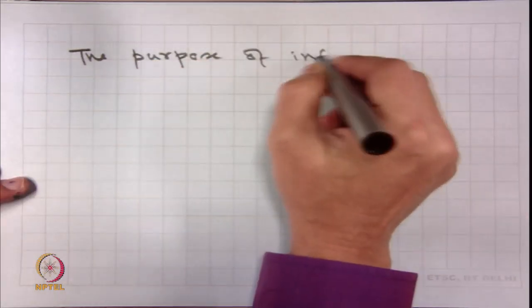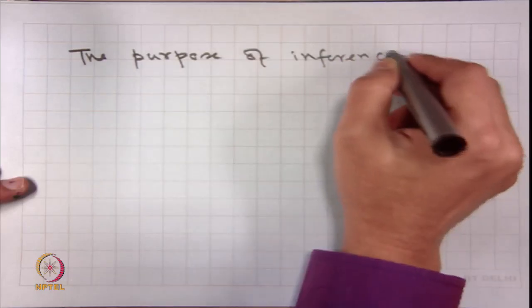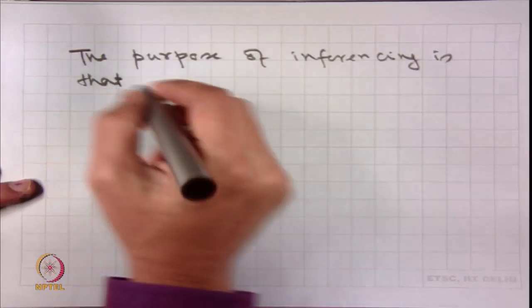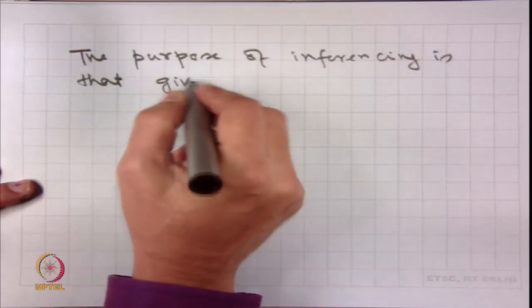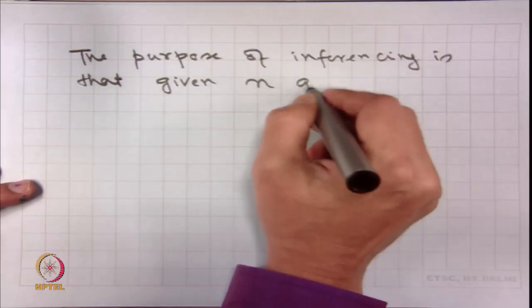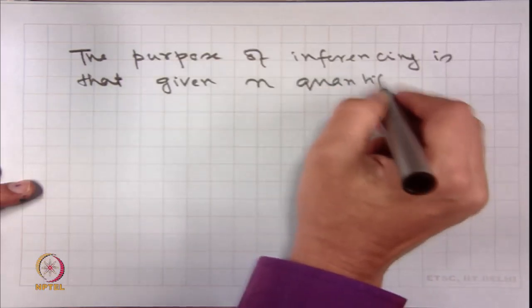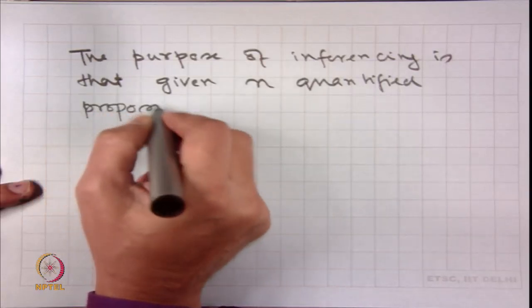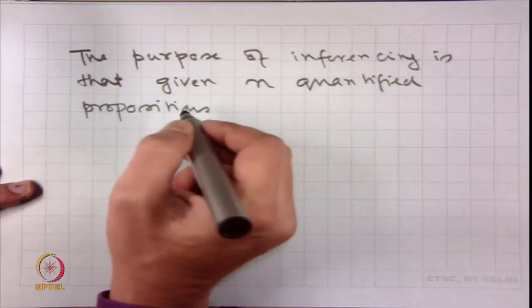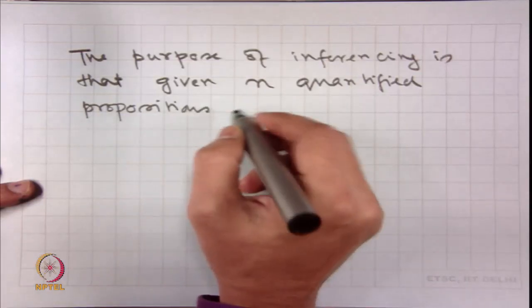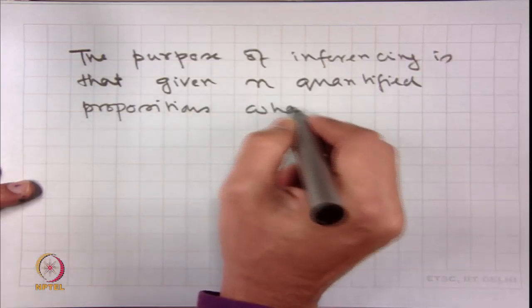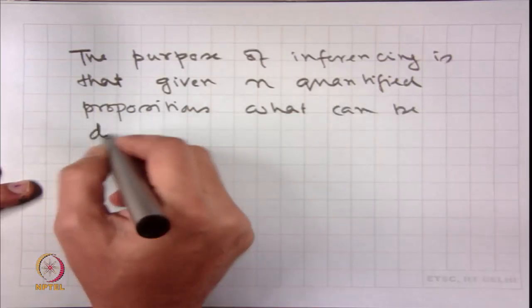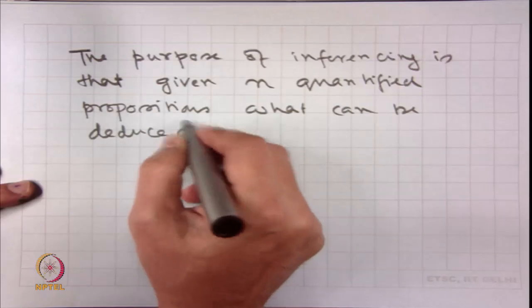Now, the purpose of inferencing is that, given n quantified propositions, what we can infer or what can be deduced from them.